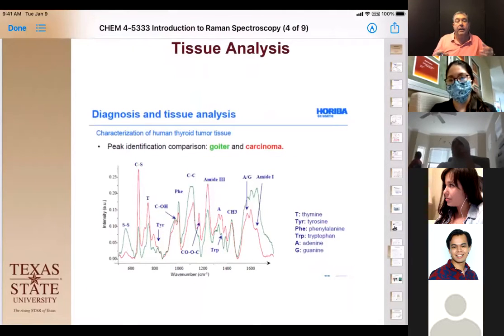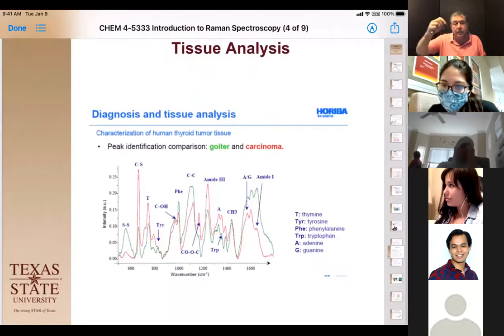By looking at normal tissue and seeing what kind of amino acids, et cetera, are in there, and which things you should see or shouldn't see, you can compare normal tissue to abnormal growth and things that are actually cancerous, because they have different chemical tags on them.